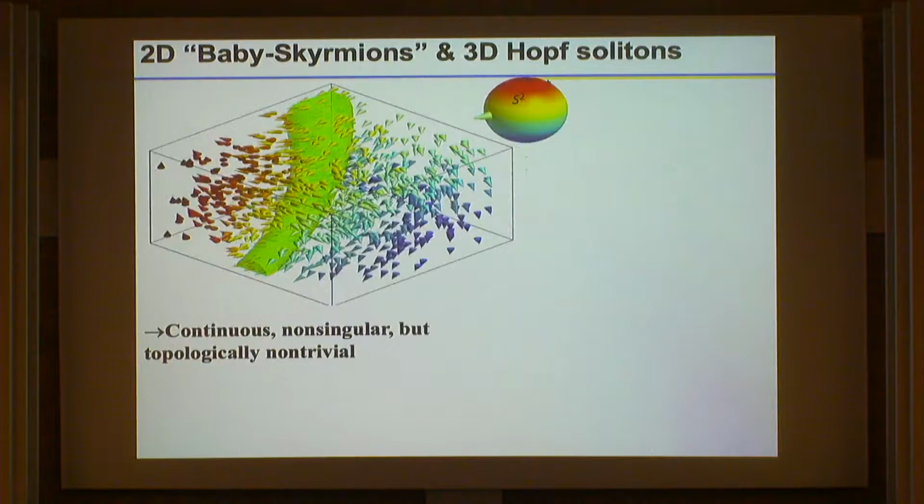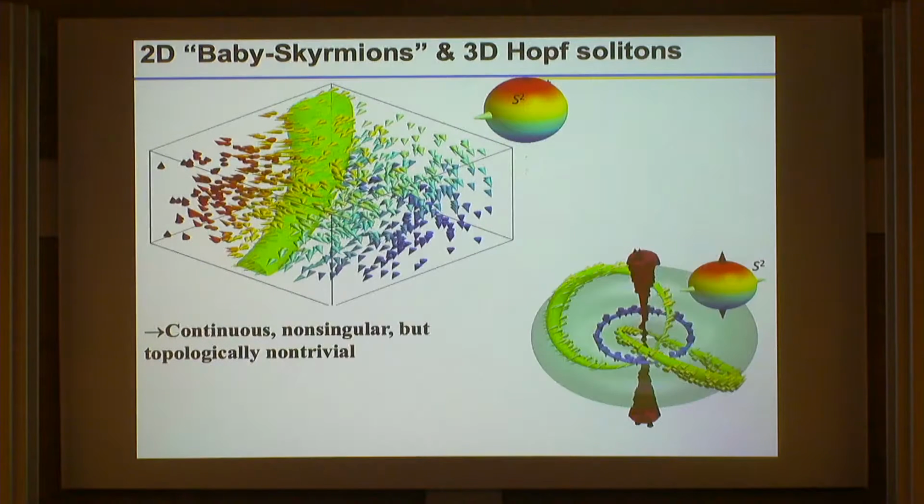Now, in order to visualize another type of solitons that we'll discuss, the Hopf solitons, we need to recall the concept of preimage. So this is a region in three-dimensional space within which the spins of magnetization all point in the very same direction. And so here, with the help of this green isosurface, I visualize such a region within which all the spins of the soliton point the same way.